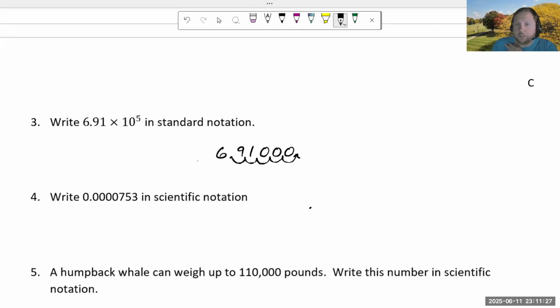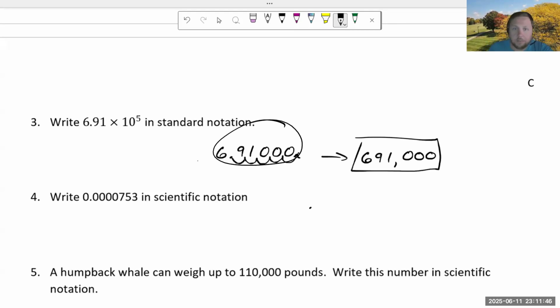Now that doesn't look too great, so I'm going to rewrite it. My final, presentable answer is going to be 691,000. This is my work to get there, but it doesn't look nice.